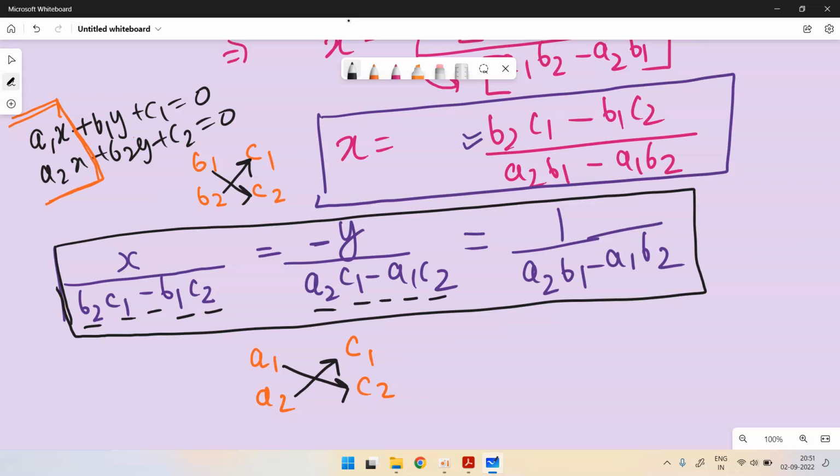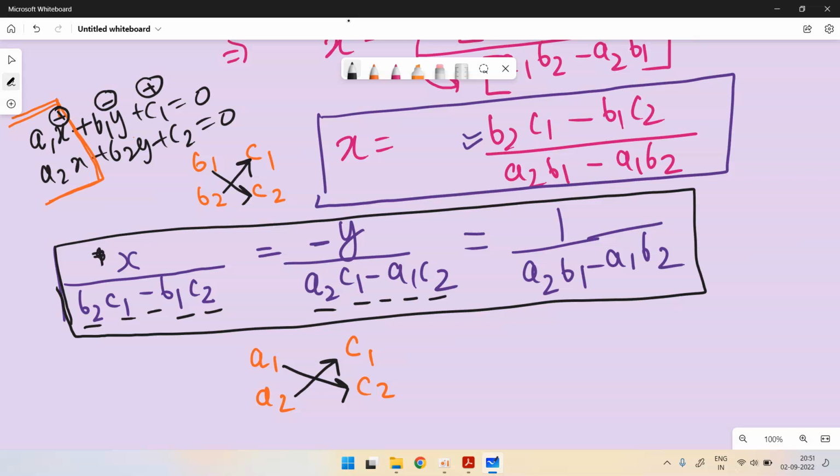Now always remember that x is positive, y is negative, and c is always positive. This is the constant. Plus, minus, plus, you always remember. So for x it is plus, and x can be written as same only.